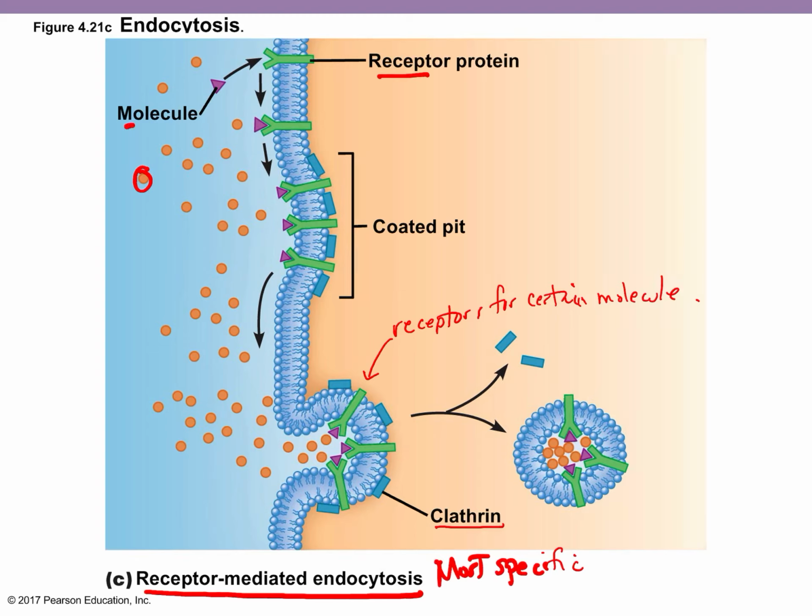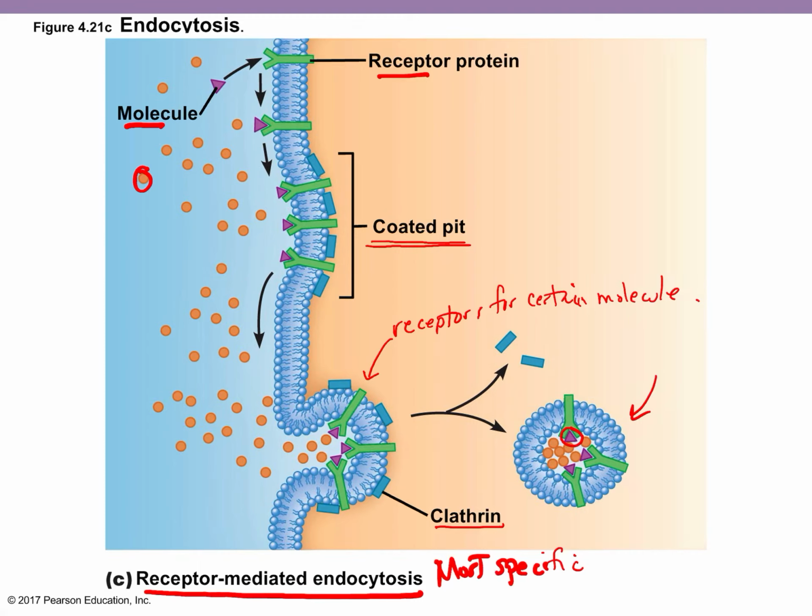So we have a receptor protein first, the molecule that is going to bind to the receptor protein. We have receptor proteins in high concentrations around a clathrin-coated pit. We can see that the clathrin is causing the cell membrane to form a deeper invagination, eventually budding off into our vesicle here. So it's a membrane-bound vesicle.